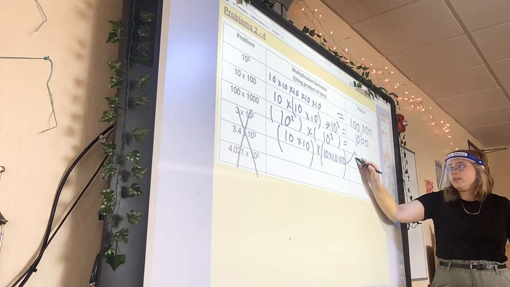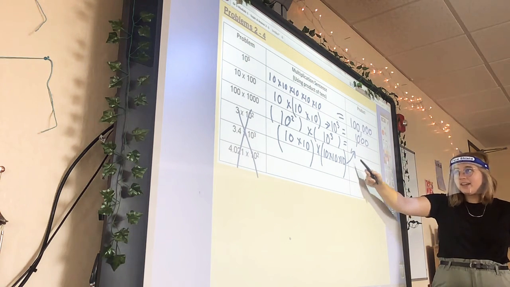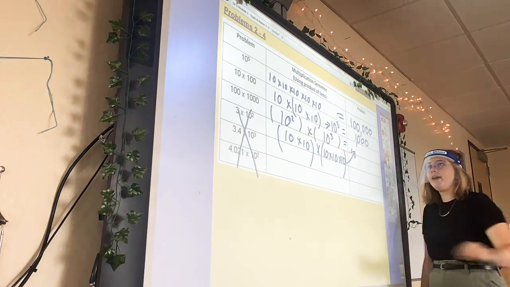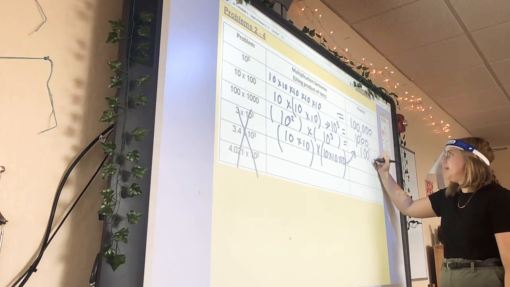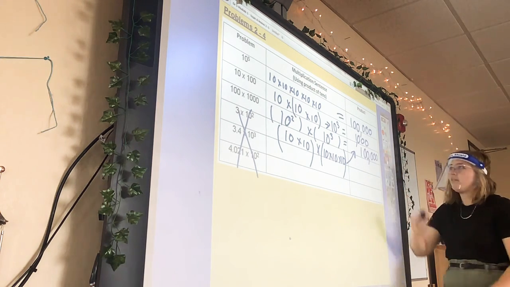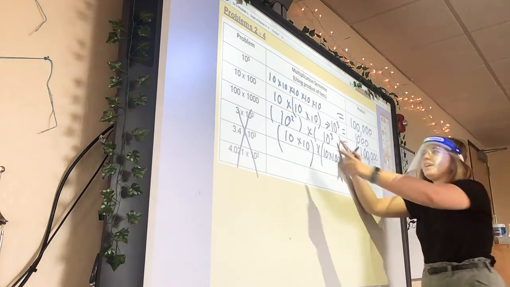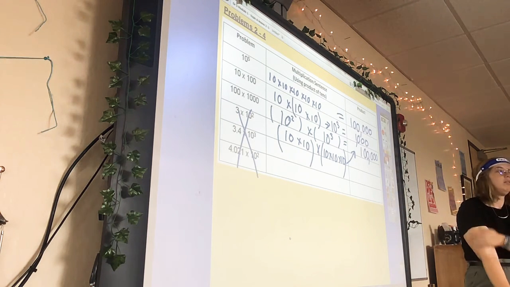So then 10 times 10 times 10 times 10 times 10. Okay. Do me a favor. Add 2 plus 3. Ready? Go. 5. So it's going to be 100,000 again. Okay, 5 zeros and 100,000. We can add those exponents together to get 10 to the 5th and get 100,000. Okay?